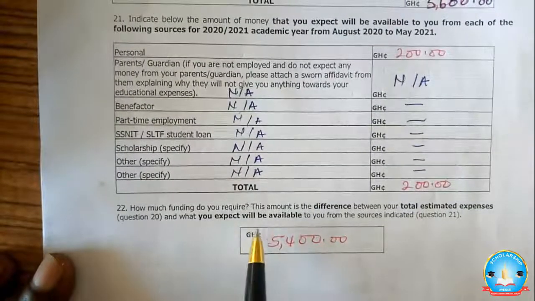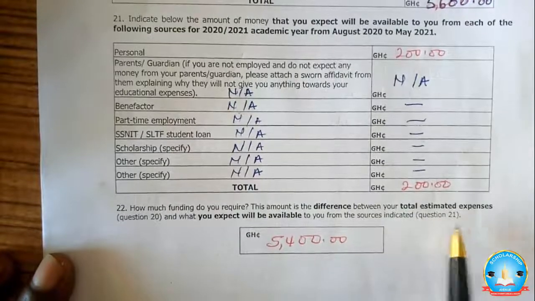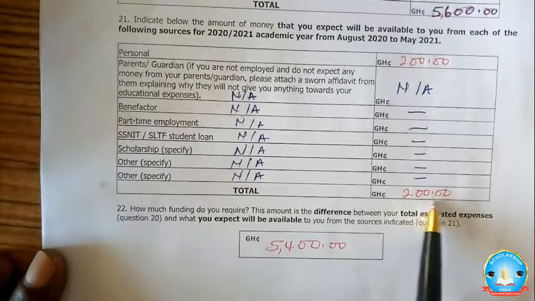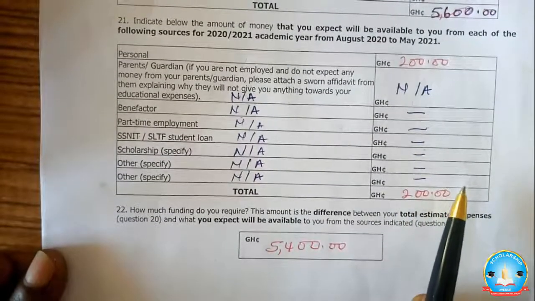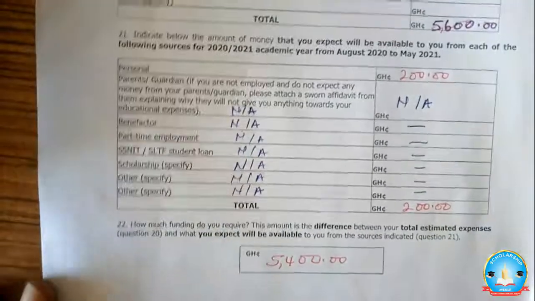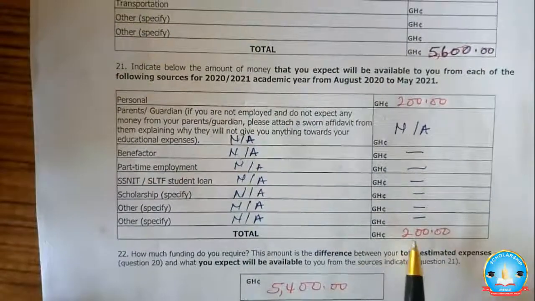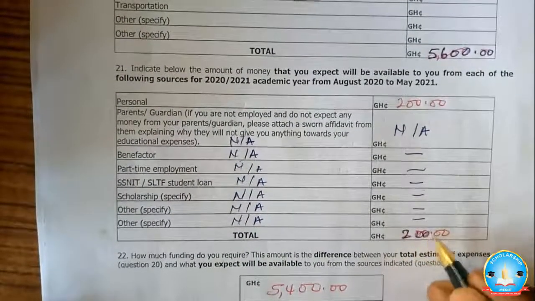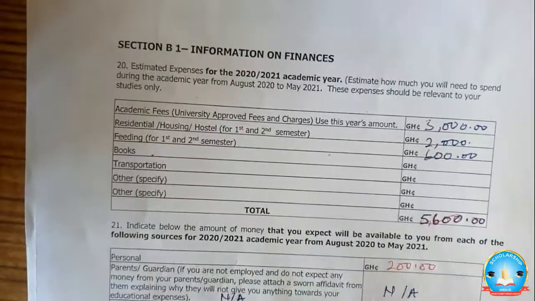And what you expect will be available to you from the sources indicated, which is question 21. So this is question 21, your total here. And what you do here is you are going to less question 21, as in the amount that you get here, which is the sum of all the entities listed. You are going to less it from question 20.